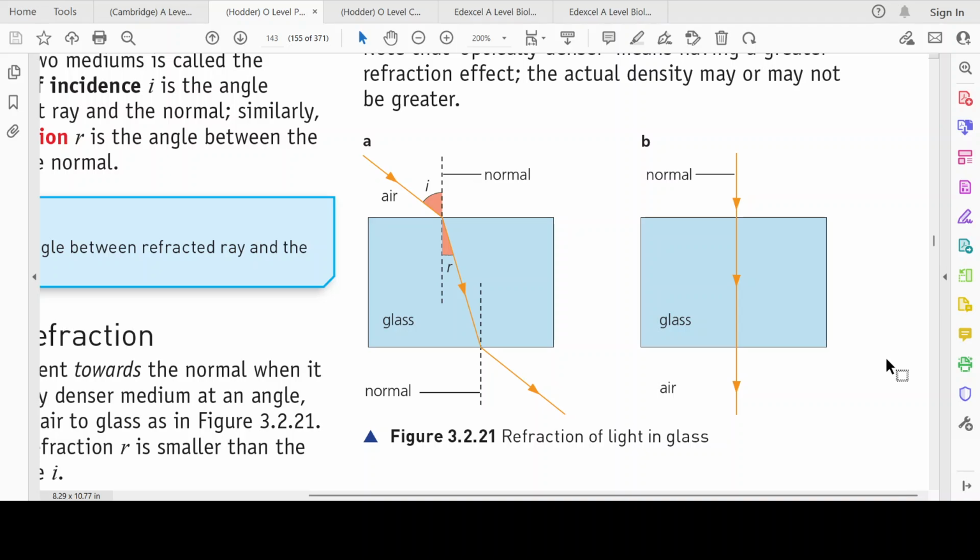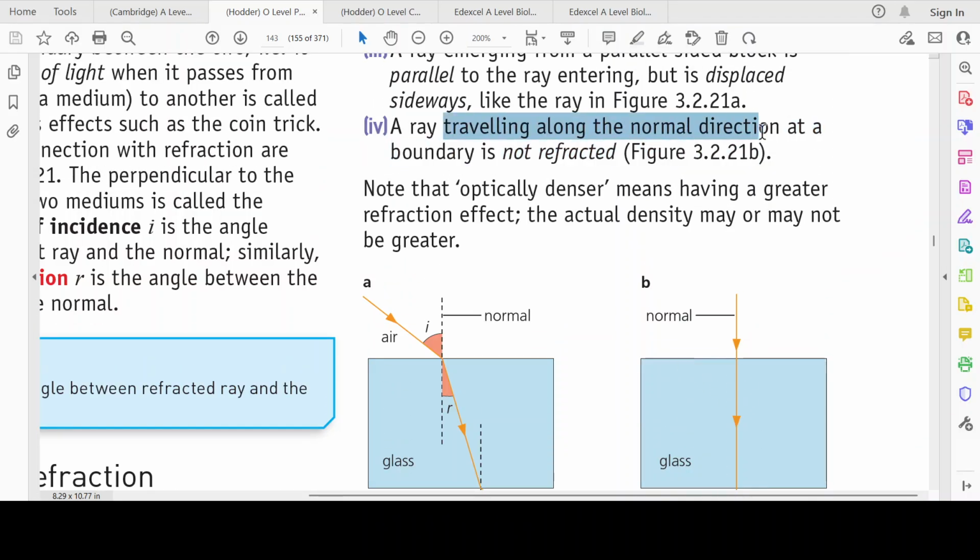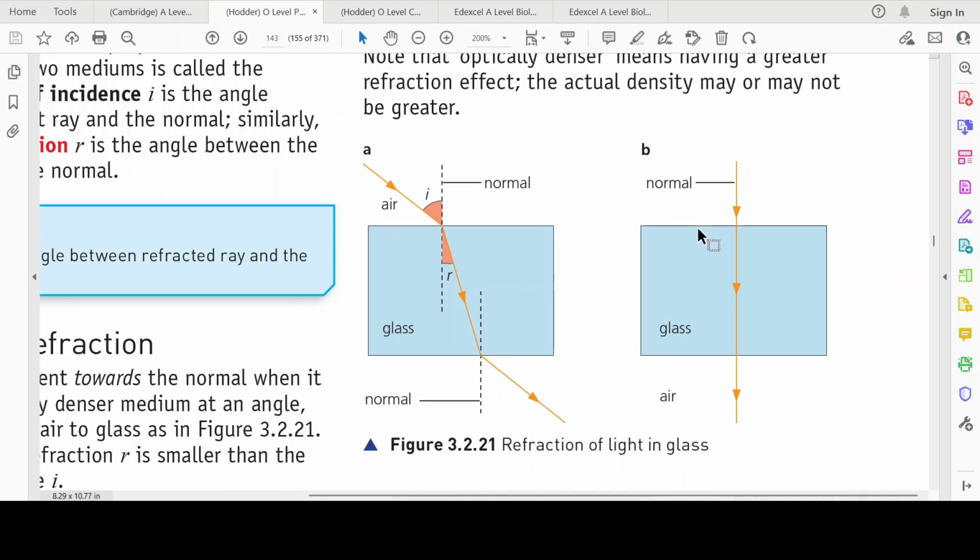Okay. And then finally it says that a light ray moving through a different medium along the normal will not be refracted. So a ray traveling along the normal direction at the boundary is not refracted. The normal is perpendicular to the boundary surface of the medium.